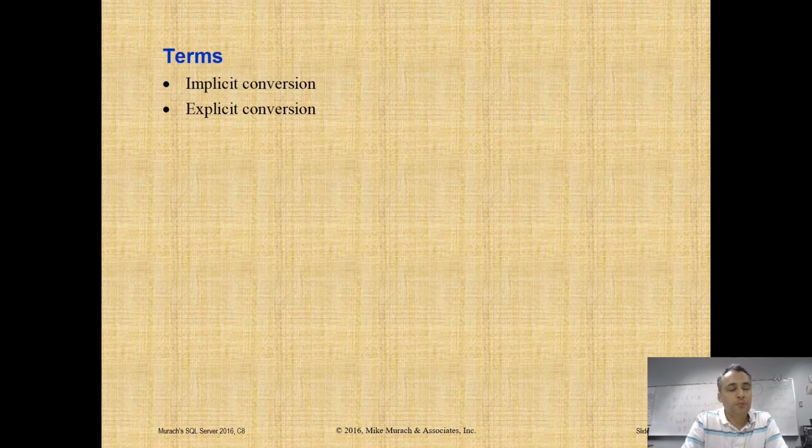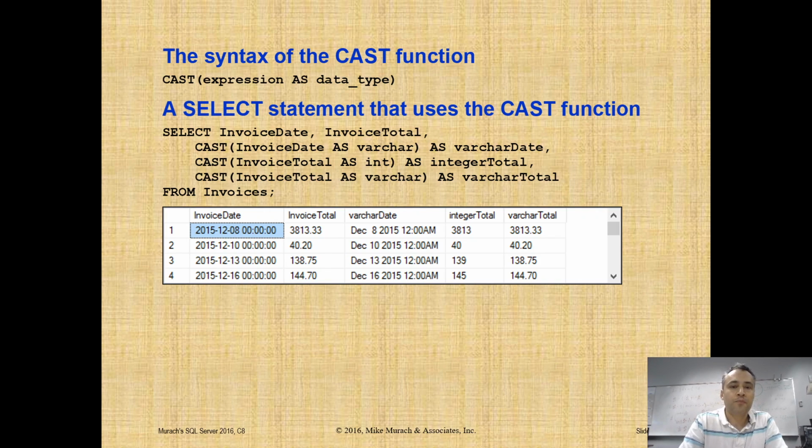Sometimes there is no implicit conversion. You have to control explicitly the type of the data that you will be using.